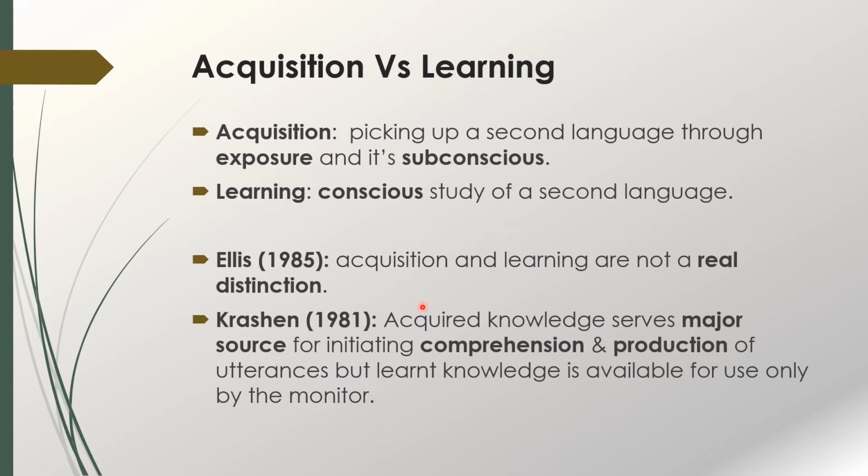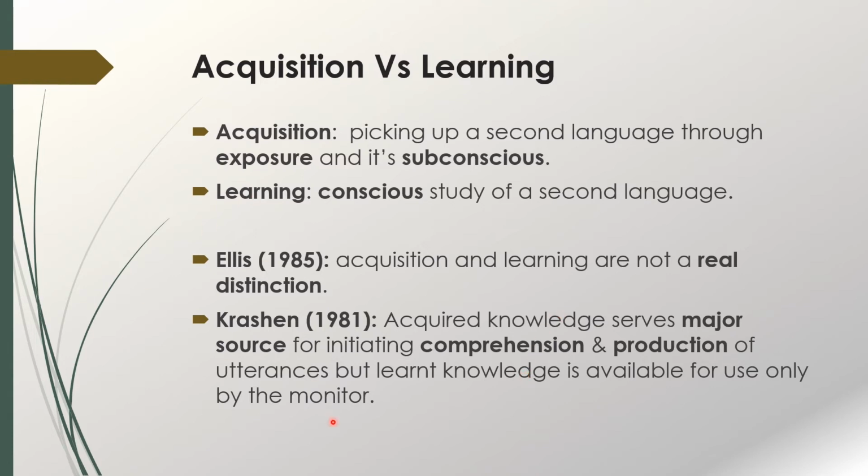But Krashen said that acquired knowledge serves as the major source for initiating comprehension and production of utterances, while learned knowledge is available for use only by the monitor. So whenever we refer to acquired knowledge, it actually serves as the major source of comprehension and production.